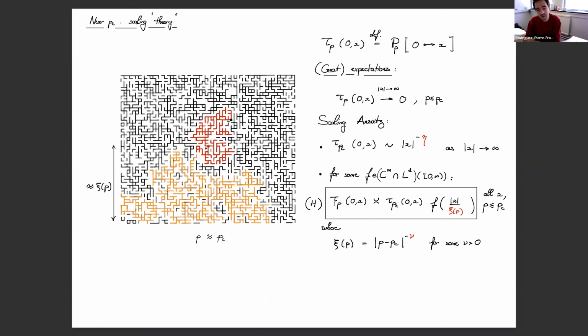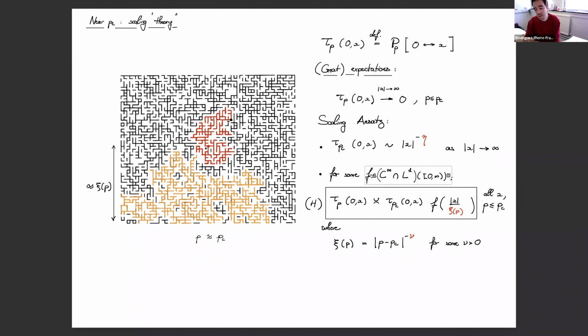And then, okay, so this is at the critical point, and if you go down from the critical point, then you expect that this function behaves in the following way. If you vary p, then for a while it's just going to look like the critical 2-point function, and then you're going to start to witness the subcritical phase, the phase below pc, by means of this function f, which is a rapidly decaying function, and you're going to witness this decay in units of a length scale psi, which is called the correlation length.